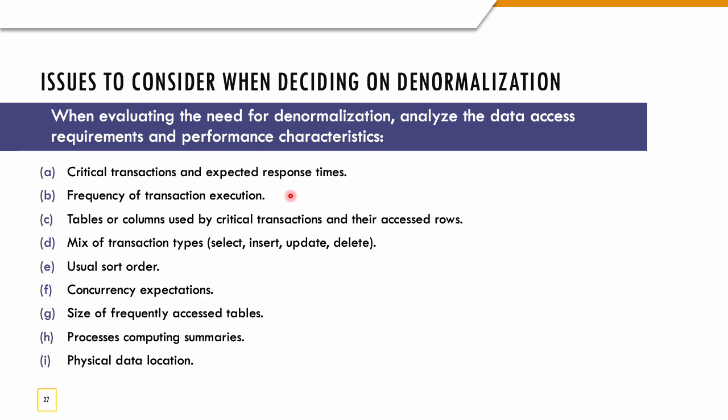And then the frequency of transaction execution. For frequently executed transactions, the denormalization may reduce load by simplifying data access, which can improve the overall system performance. Tables or columns used by critical transactions and their access rows.